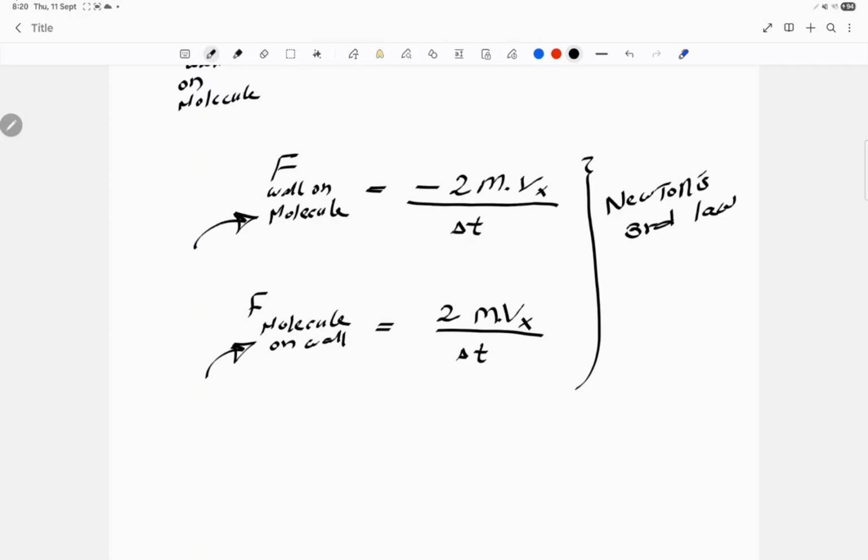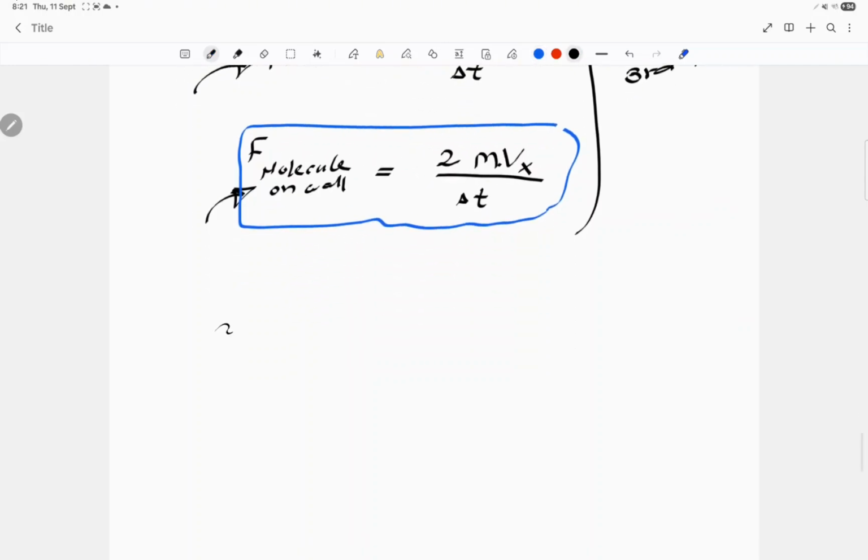So from now on we're going to focus on F of the molecule on the wall being 2 mvx over delta t. Now let's bring up a new equation: speed is equal to distance over time. It should not be very new to you, but if it is, then listen carefully. Right now we're dealing with the speed in the x direction only, which basically means I am dealing only with vx.